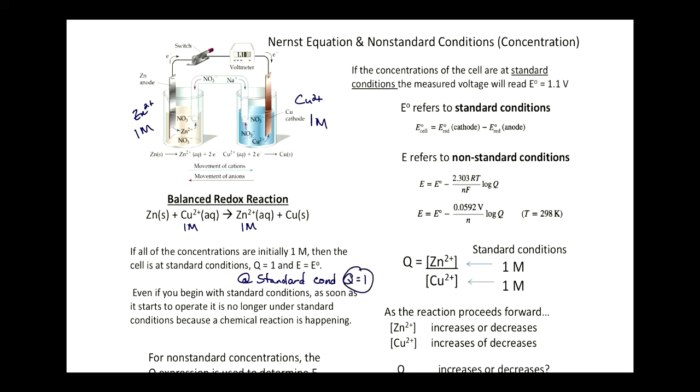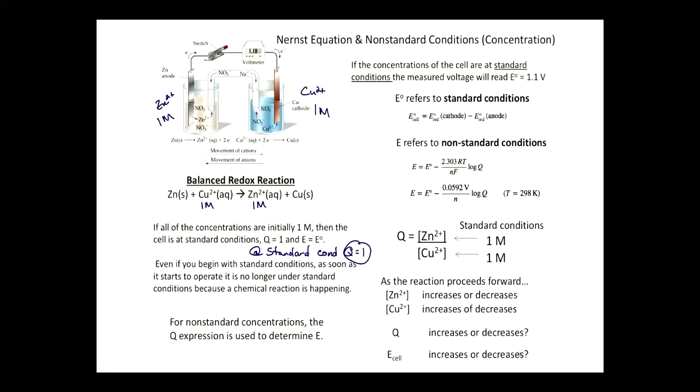And that's common. We saw this before back in chapter 19. But again, a reaction is happening as this reaction goes. So what we see here is, okay, we start with 1 molarity at standard conditions, but as this reaction runs, we see that zinc 2+ concentration increases. And it's because zinc 2+ is a product. We said that copper 2+ concentration decreases because copper 2+ is a reactant.